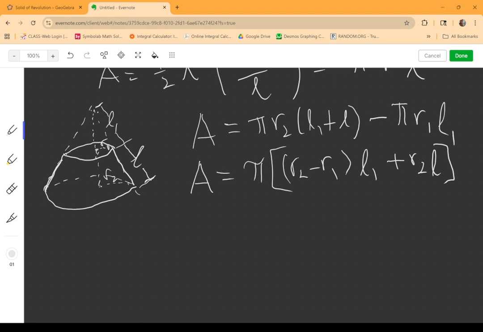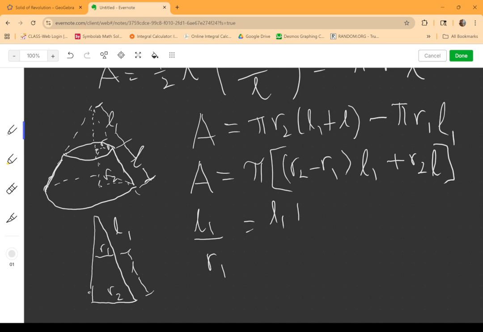If we think of this, instead of a three-dimensional object, as if we flatten it out, we have this quantity R1, this quantity L1, and this quantity L, but just from here to here, and this is R2. And by similar triangles, we have L1 over R1 equal to L1 plus L over R2.